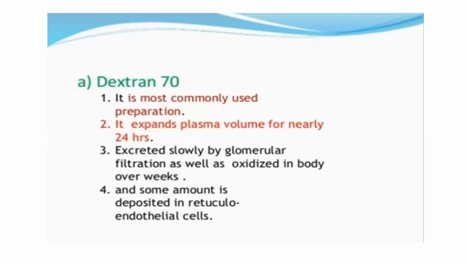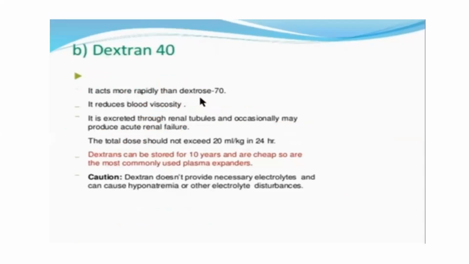It expands plasma volume for nearly 24 hours, is excreted slowly by glomerular filtration as well as oxidized in the body over weeks, and some amount is deposited in reticuloendothelial cells. Dextran 40 acts more rapidly than dextran 70 and reduces blood viscosity. It is excreted through renal tubules and occasionally may produce acute renal failure.